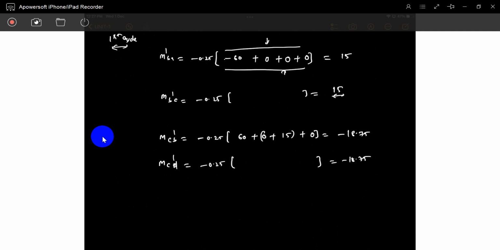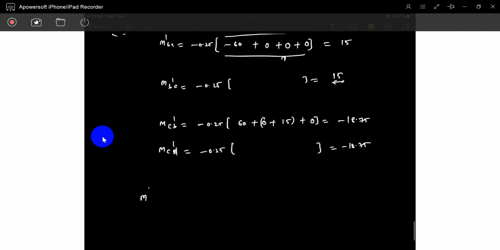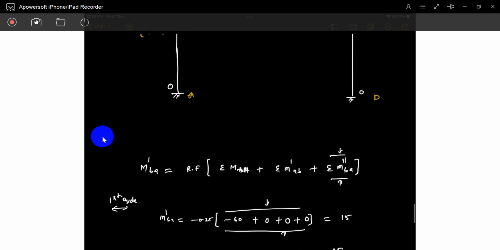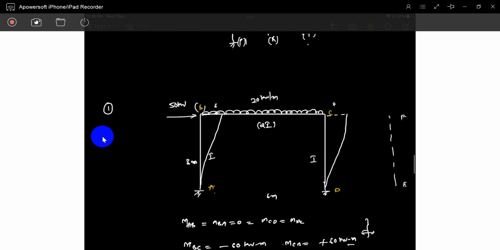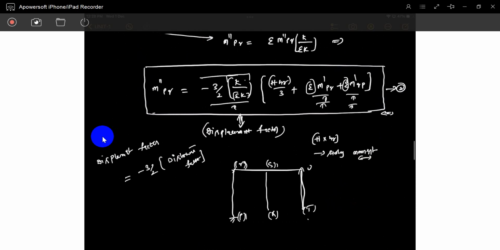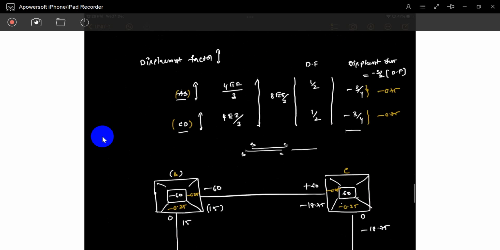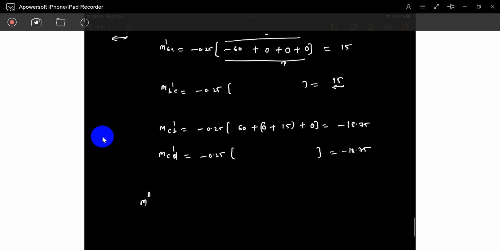So translational, what is that value? M double dash, are understood? Translational, where it is, this value, PQ. PQ or QP, anything, both are equal. What is this value? Once again see, MPQ, what is that value?